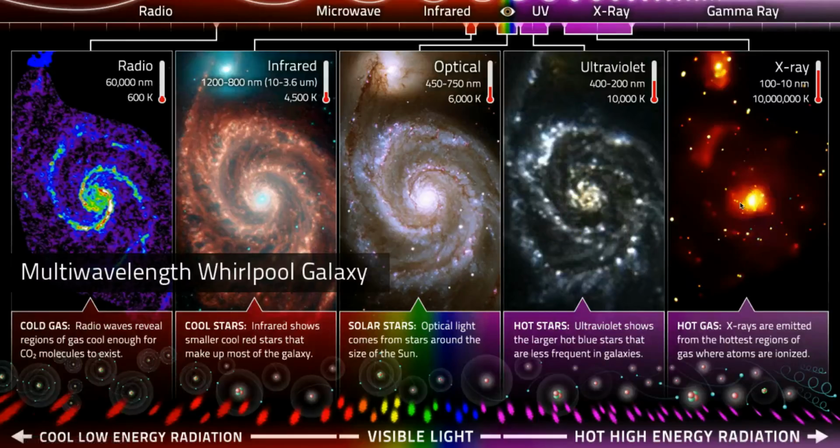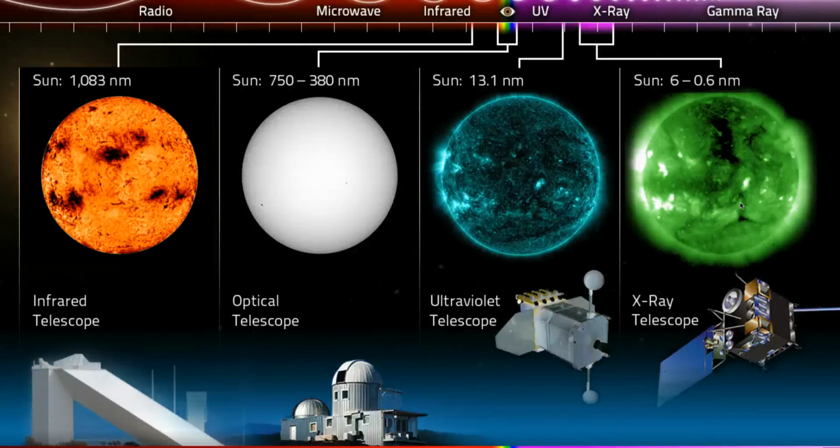And we can learn what these galaxies are made up of, what their temperature is according to the infrared radiation that's being emitted, and things like that. So it's pretty cool to use the electromagnetic spectrum to study the universe around us. We can also use it to study specific stars. We can look at stars through telescopes that have these specific filters, like an infrared telescope, an ultraviolet telescope, an X-ray telescope, and we can see how much of different forms of radiation are being emitted from those stars.